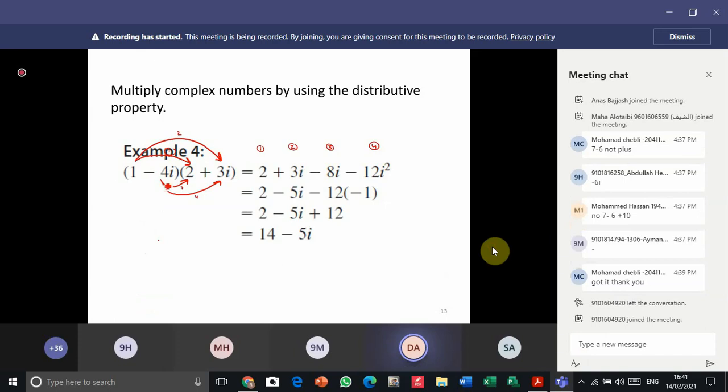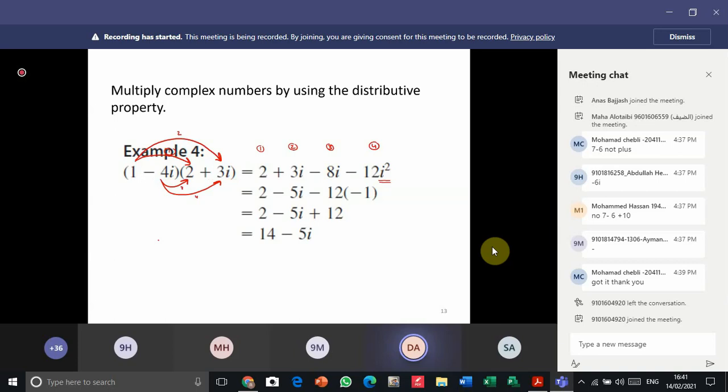Number 4, the multiplication: negative 4i multiply positive 3i, so we have negative 12i multiply i, which is i square. This is very important. We need to find i square, because from where is i square?